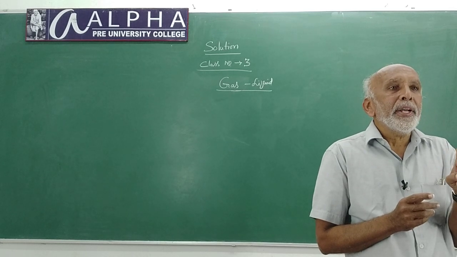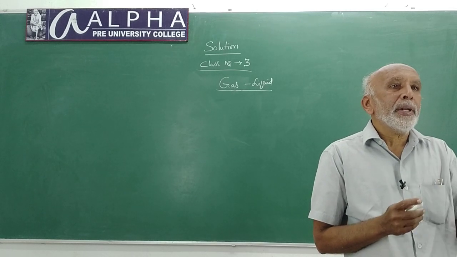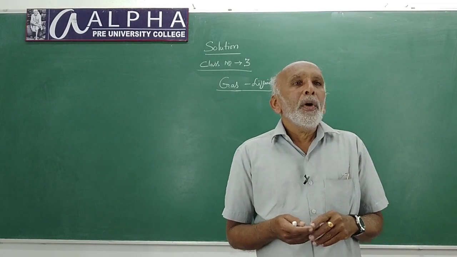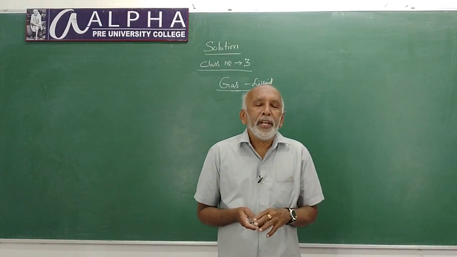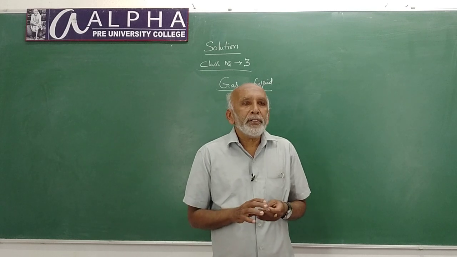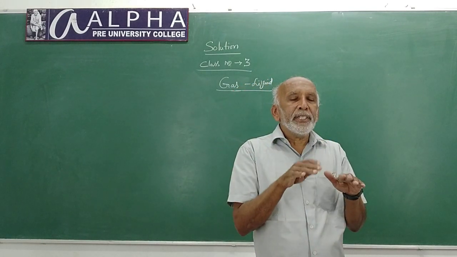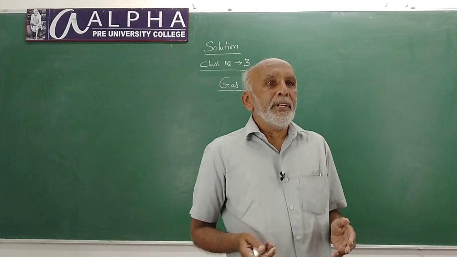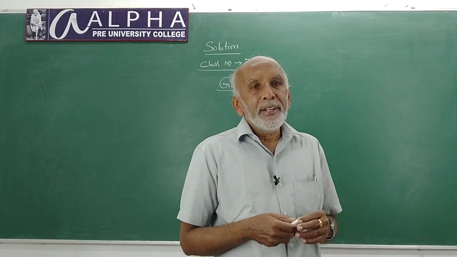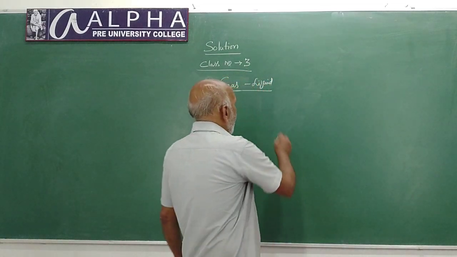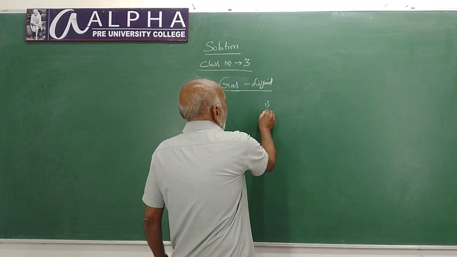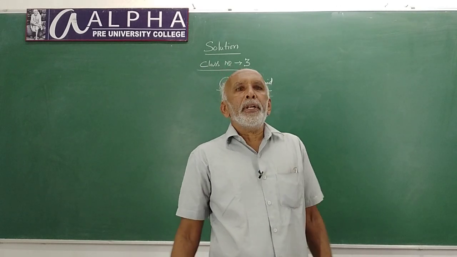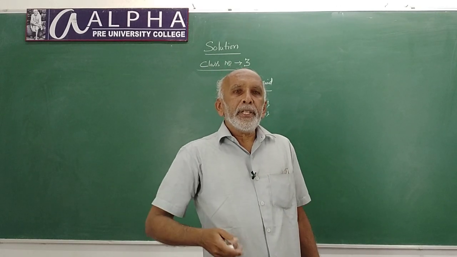So high temperature is not favorable as per Le Chatelier's principle. On raising the temperature, solubility of gas in liquid decreases because the process is exothermic in nature. This is one reason. There is another reason for the decrease of solubility of gas in liquid.